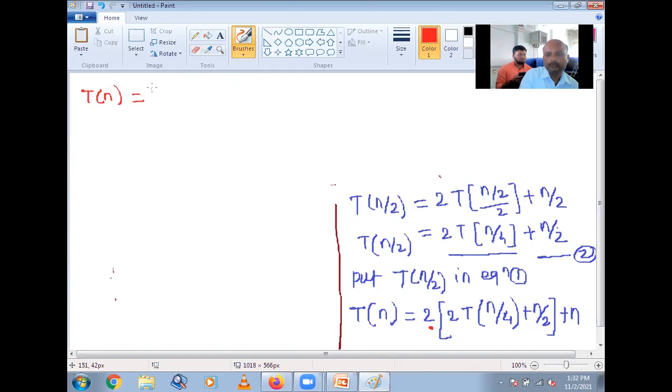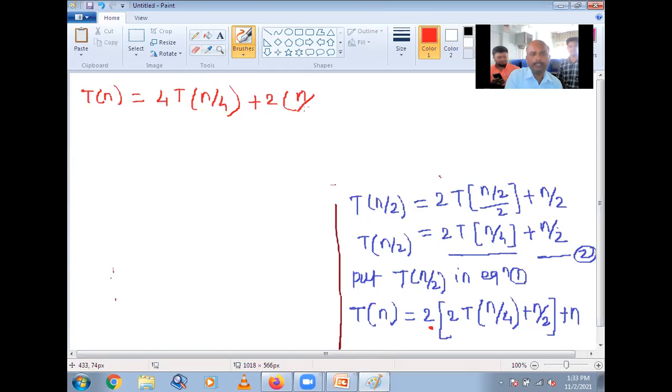So we get 4 T of n by 4 plus 2 into n by 2 plus n.